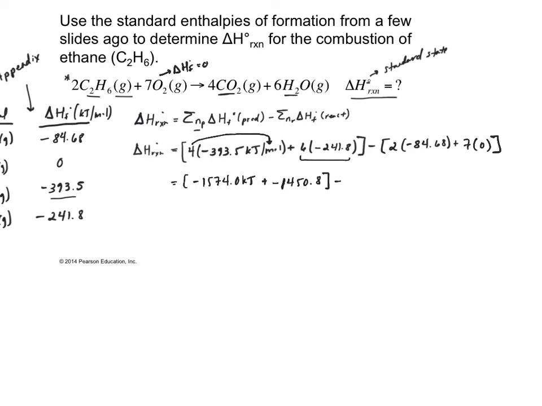Now I'm going to subtract my reactants, which is minus 169.36. So we keep on with that. Combined for our products, we've got a minus 3024, and then plus this 169.36. So overall, long term, we get a minus 2,855, and this is in kilojoules.